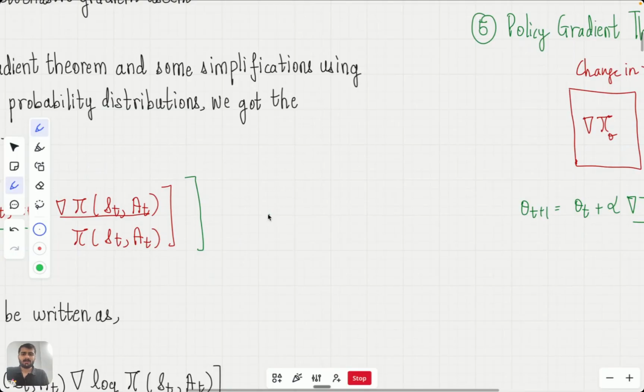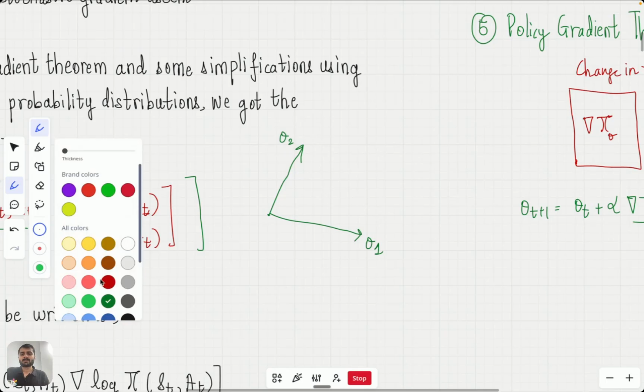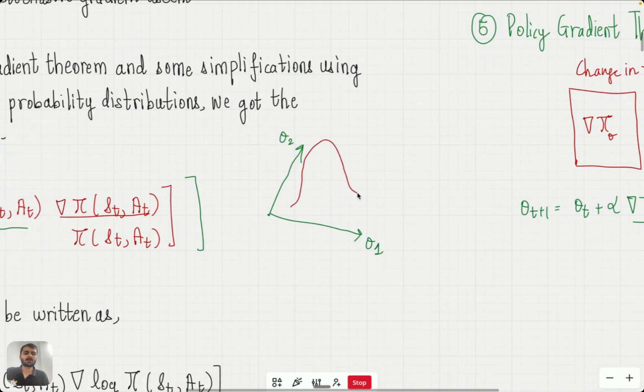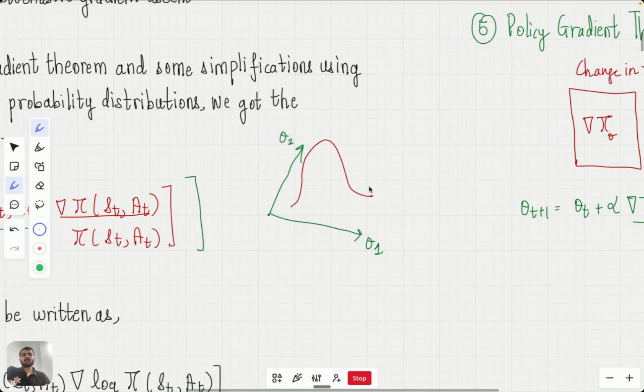Let me try to visualize a 3D diagram where on the x axis you have theta 1 and on the y axis you have theta 2. These are the parameters of our policy. And imagine that this is a 3D curve which is projecting out of the surface.